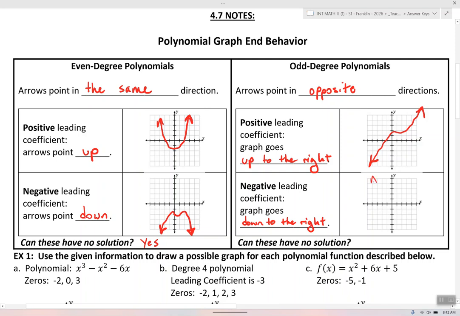So our arrow starts up this way and maybe down like this. And these cannot have no solution because since the lines go opposite directions, they'll always cross the x-axis at least one time. So there will always be at least one zero in an odd degree polynomial.